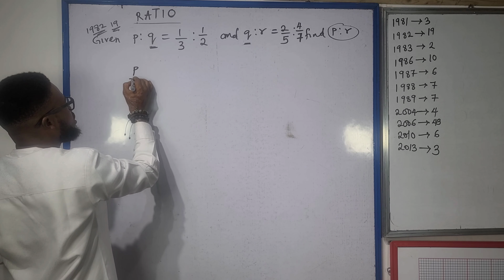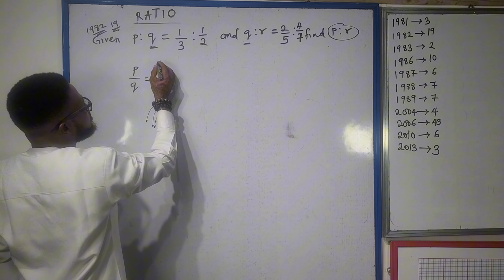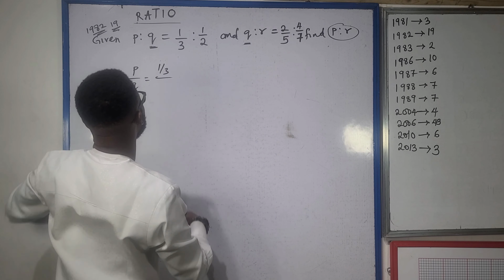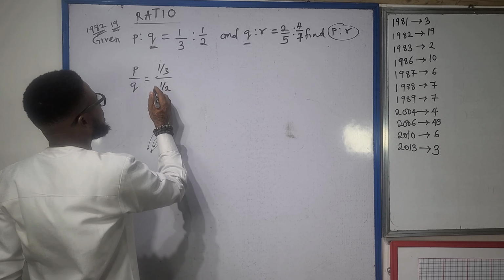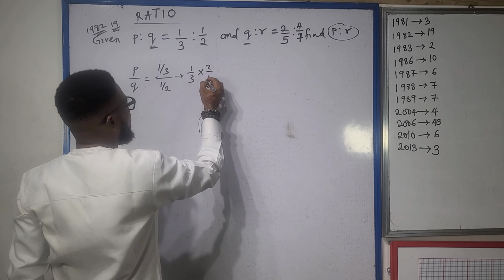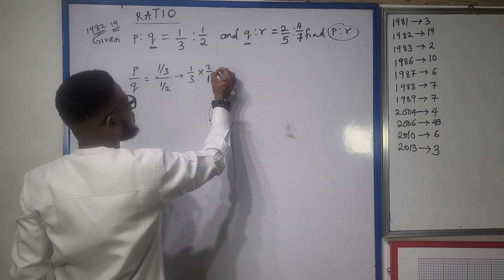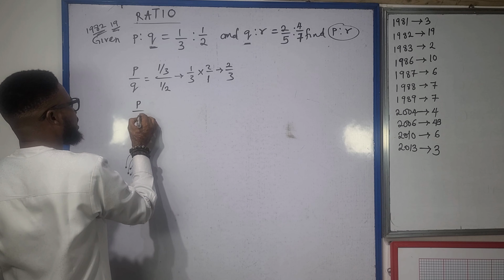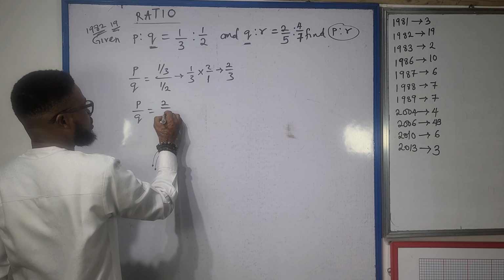In this case, P over Q equals 1 over 3 divided by 1 over 2. If we solve this, this will give us 1 over 3 times 2 over 1, which is 2 over 3.